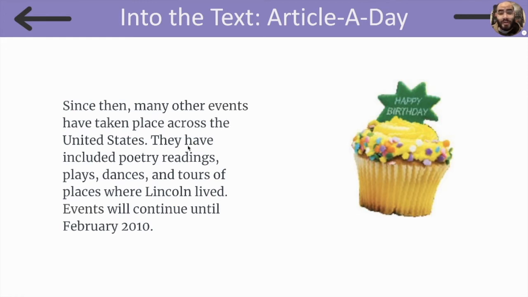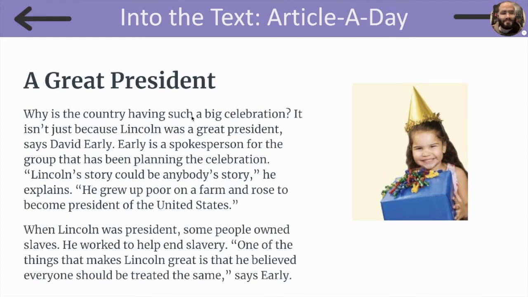They have included poetry readings, plays, dances, and tours of places where Lincoln lived. Events will continue until February 2010. The United States did a lot of things to celebrate Lincoln's birthday, and they celebrated for 2 years, from 2008 till 2010. A great president.